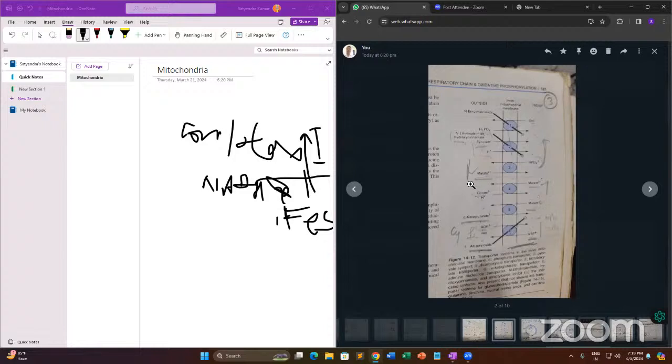But the entry of the citrate into the mitochondrial matrix is compensated by the outflow of the malate from the matrix of the mitochondria to the cytosolic side.